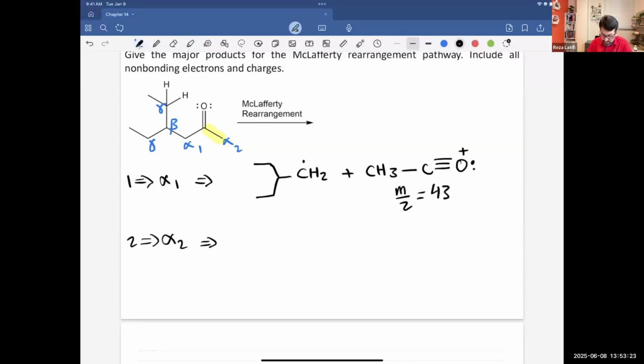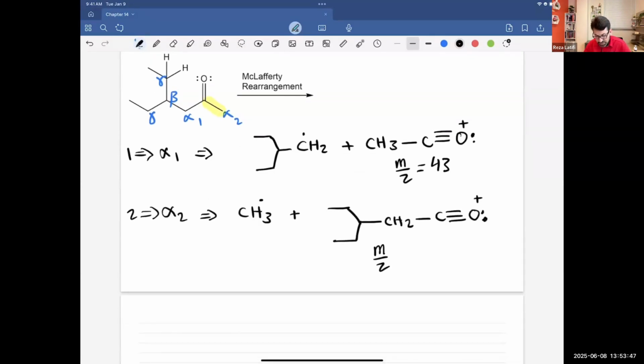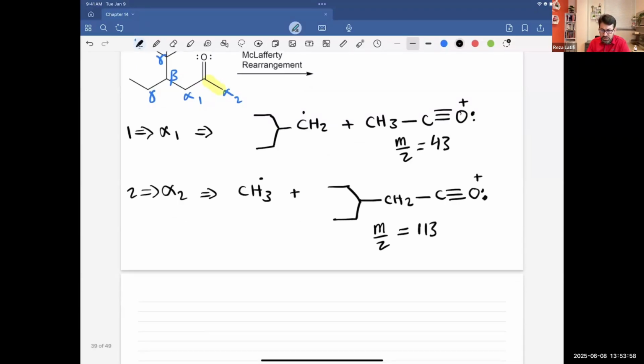So we will get a CH3 radical plus CH2 and then C, and that's going to be plus. The M/Z for this species is going to be 113. And again, CH3 is a radical, so we're not going to see it.